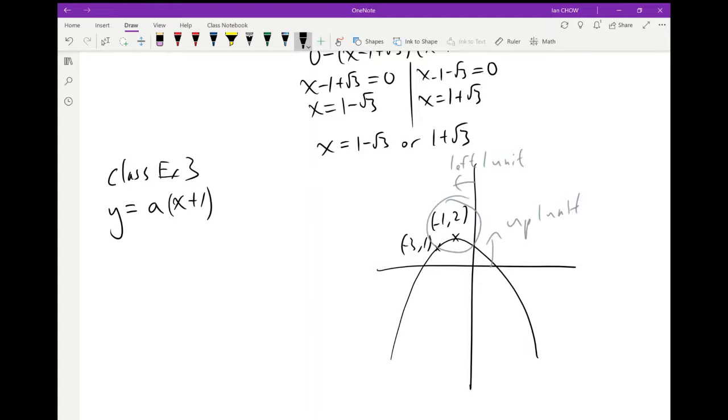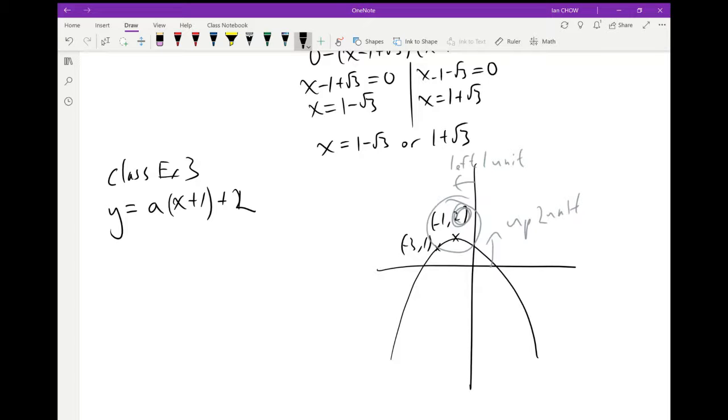Remember, left is plus, right is minus. And then we have plus 2 units up. Sorry, I first said 1 unit up, but it is supposed to be 2 units up, because this is 2. So sorry about that careless mistake over there.